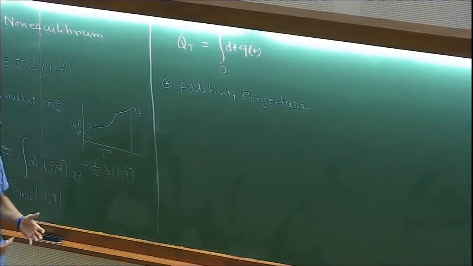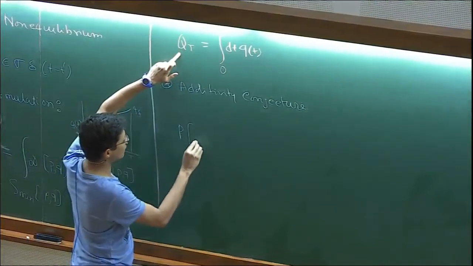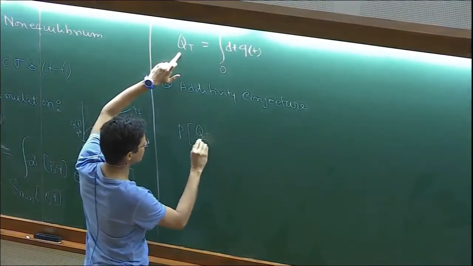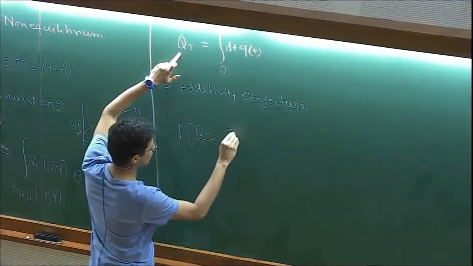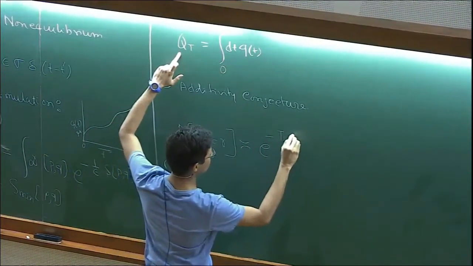And using that, one could very easily get this large deviation form for this quantity, which for the large time limit has the following large deviation form.